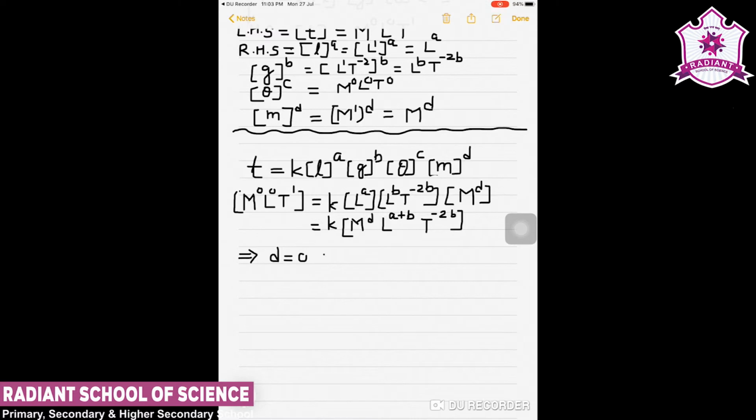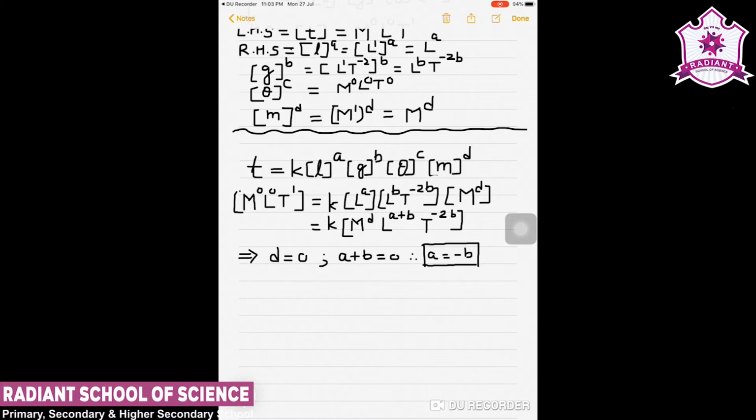Then a plus b is equal to 0, so therefore a is equal to minus b. So whatever the value of a, it is the negative of b, or whatever the b, it is the opposite of a.